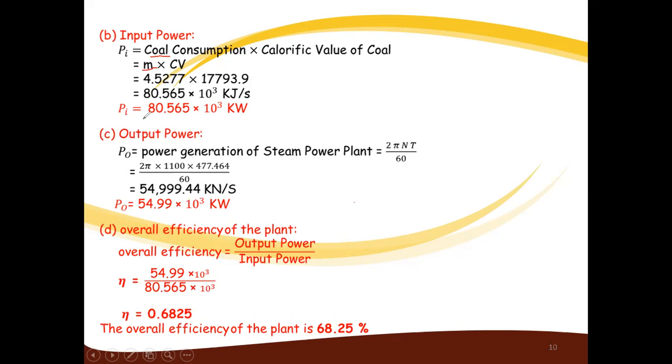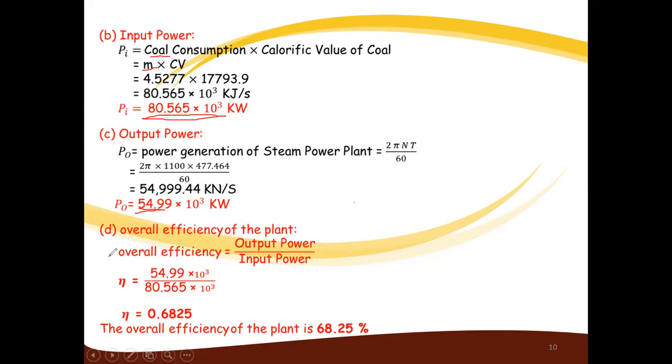So we get the input power as 80.565 kilowatt, or kilojoule per second, which is nothing but the kilowatt. Similarly, output power is 2 pi N T upon 60, 2 pi 1100 into 477.464 upon 60. So it becomes 54.99 into 10 raised to 3 kilowatt.